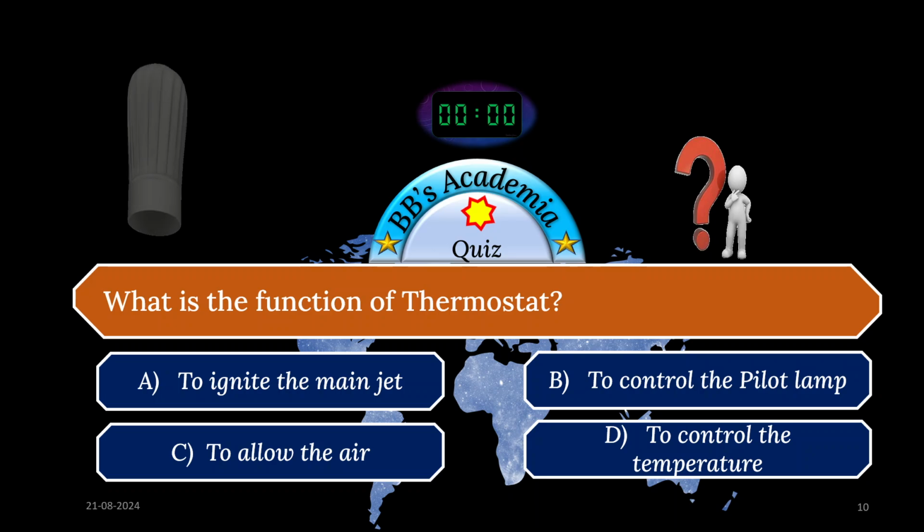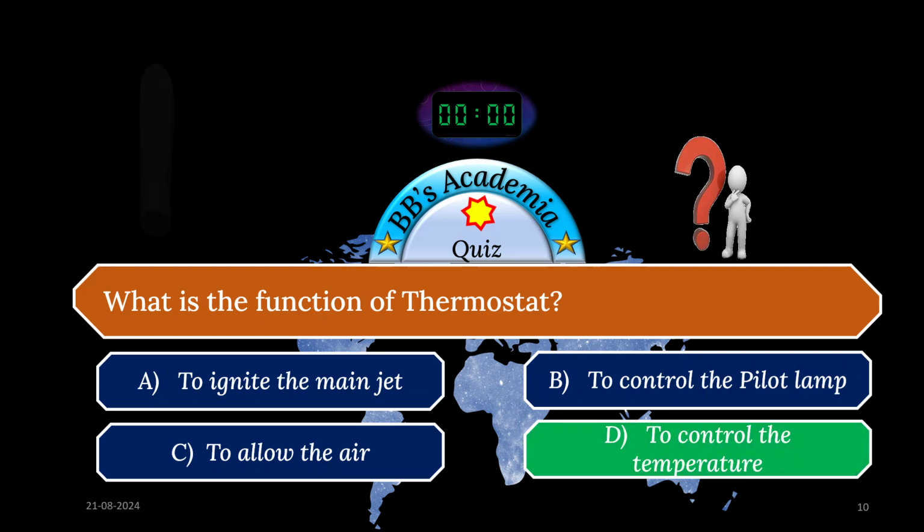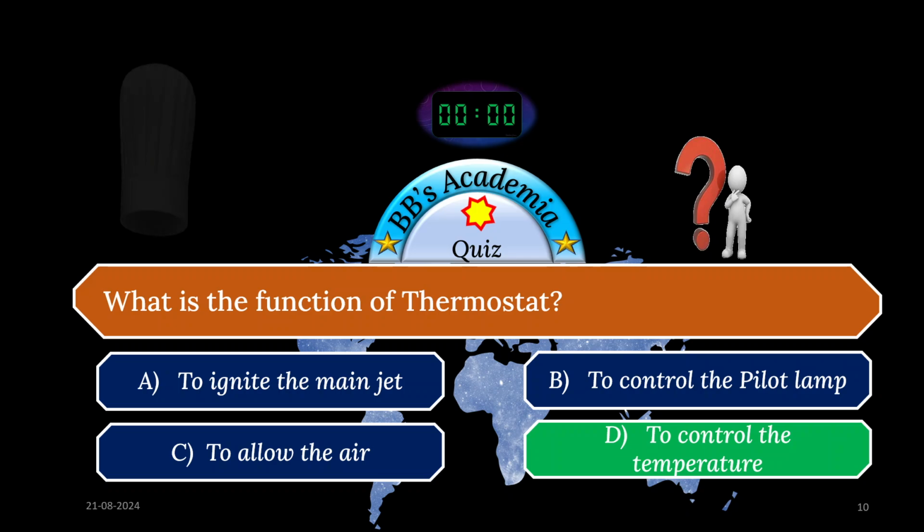Great. Time is over. Hopefully it was sufficient for you to click the right answer for this question. And now it is the time to check which one is correct, and the right answer is on your screen now. Yes, the green one, to control the temperature.